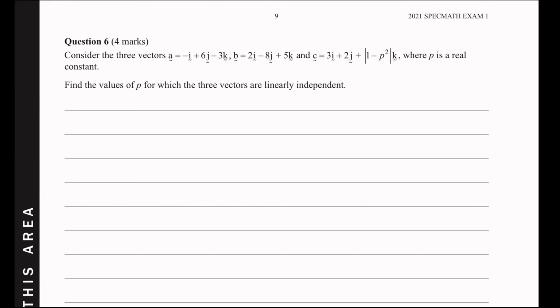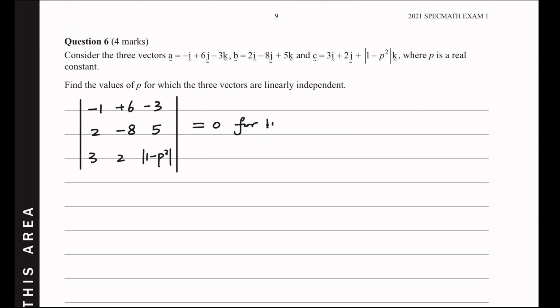What I'm going to do is say, okay, suppose I'm calculating the 3 by 3 determinant of the 3 vectors: minus 1, 6, negative 3; 2, minus 8, 5; 3, 2, and the absolute value of 1 minus p squared. I would like that equal to 0 for linear dependence.